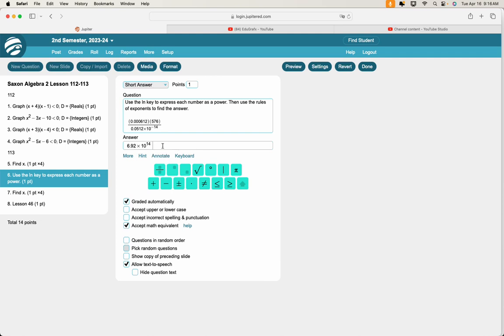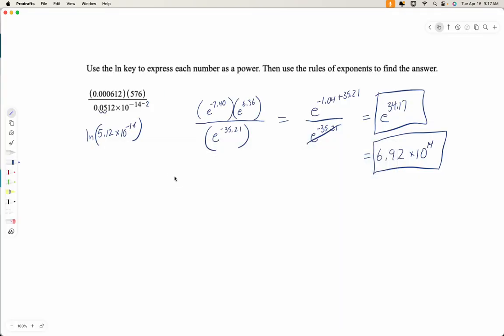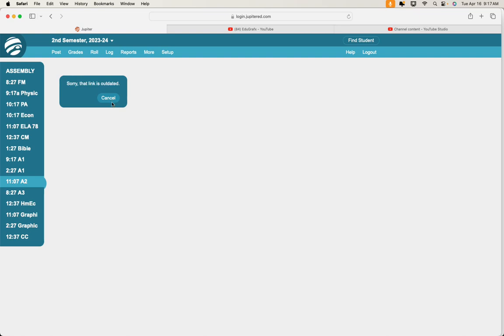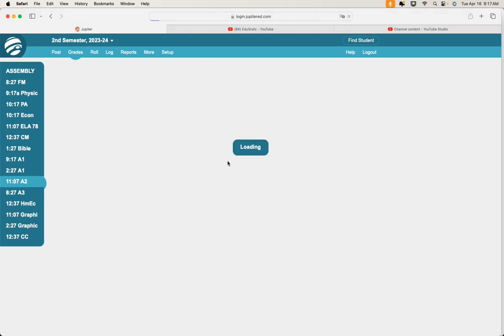And that was 34.17. So I'll take either one as an answer. That'll be fine. Either one of those is an acceptable answer, because I don't say put it back into scientific notation, so you might not know to do that. So you might just put that in there. So let's go back over here to preview. Oh, for heaven's sakes. All right, that was 113.